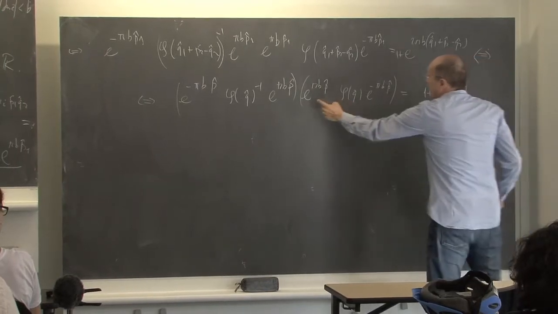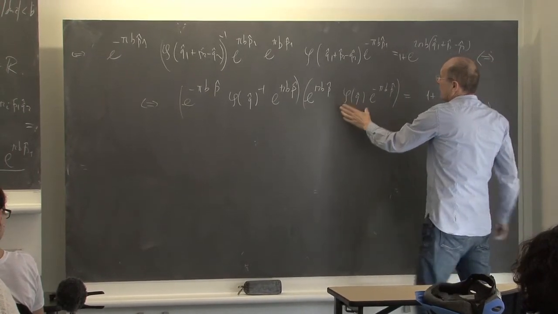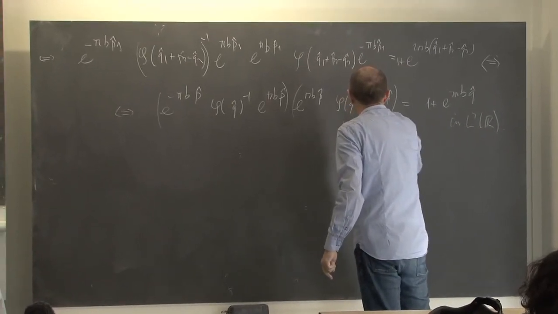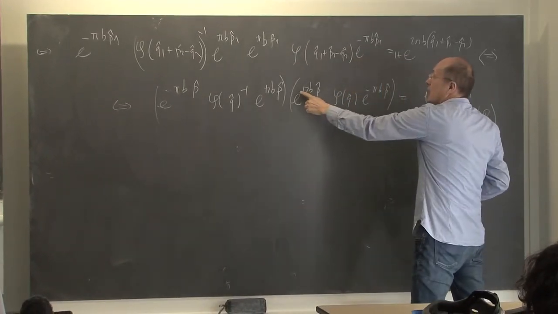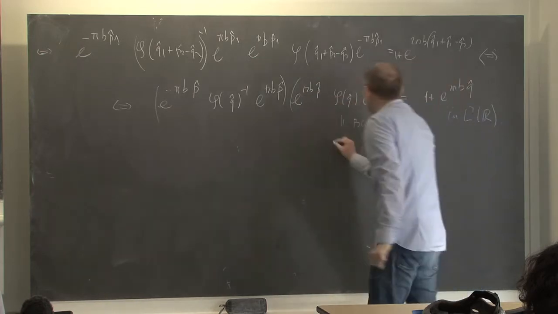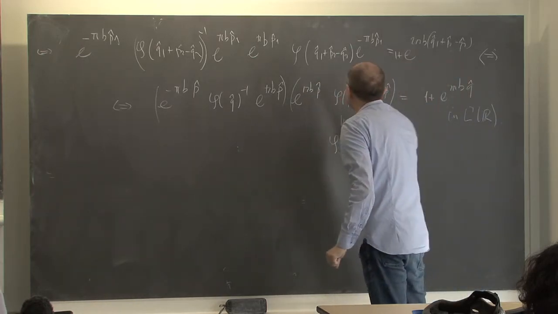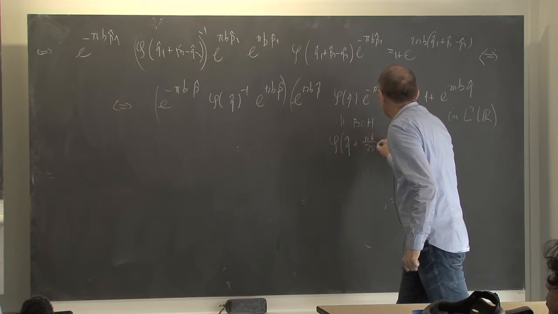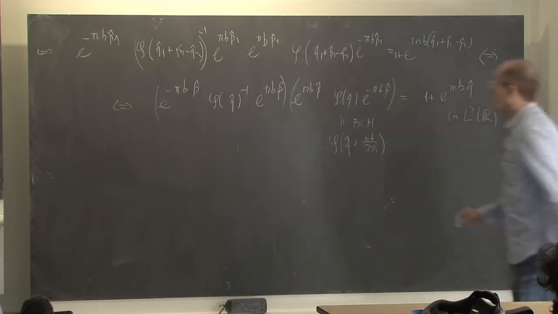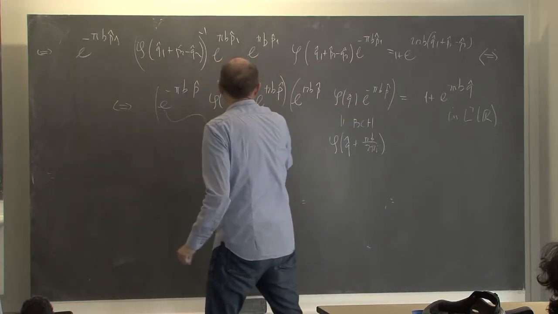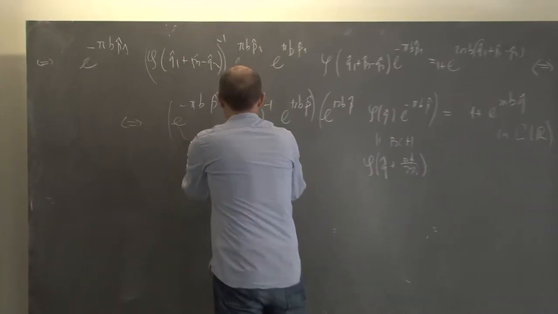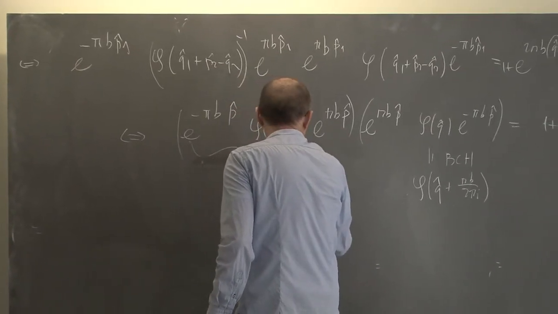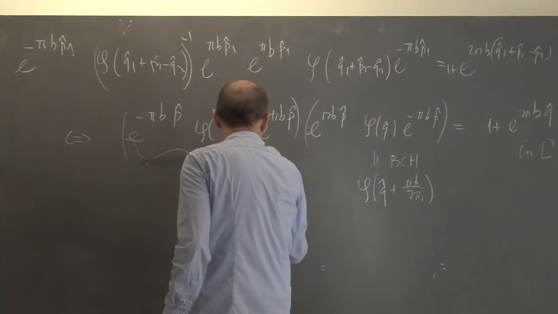And now formally we can just apply Baker-Campbell-Hausdorff. Then due to the reality of these exponentials, this becomes phi of q plus pi b divided by 2 pi i, right? And here with opposite sign, phi of q minus pi b over 2 pi i.